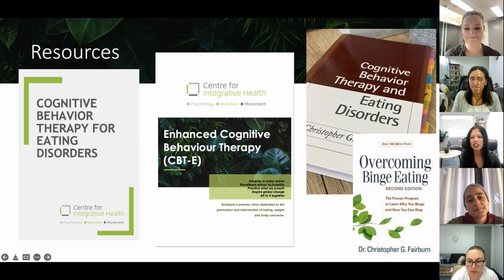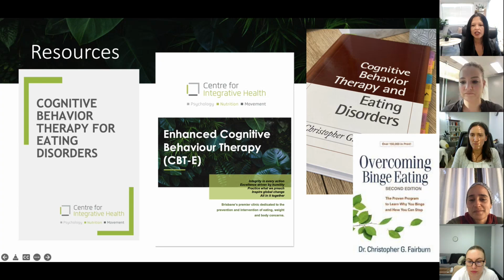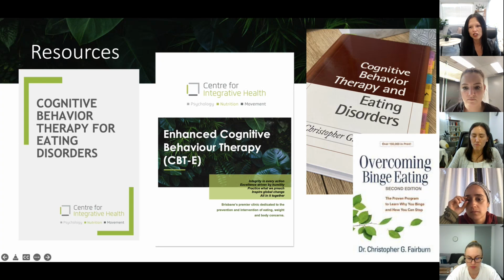Just on the outcomes, I think I'll take away using EDEQ more routinely at stage 2 and possibly towards the end of treatment. It would be nice if our initial EDEQ can be broken down into the subscales.